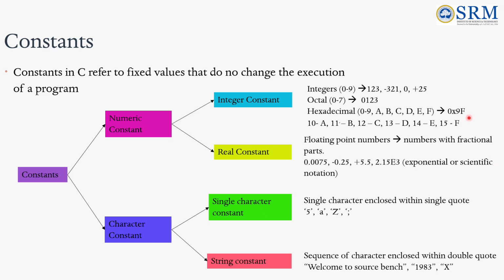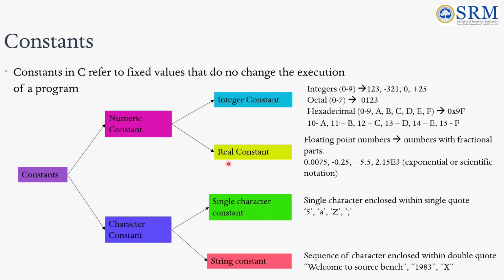Here is an example of a hexadecimal number, 0x9f. Hexadecimal numbers are differentiated from other numbers using 0x at the beginning. This x can be written both in uppercase as well as in lowercase.